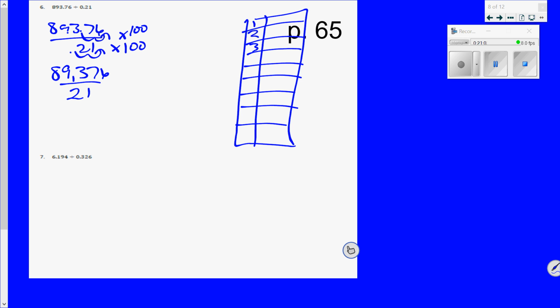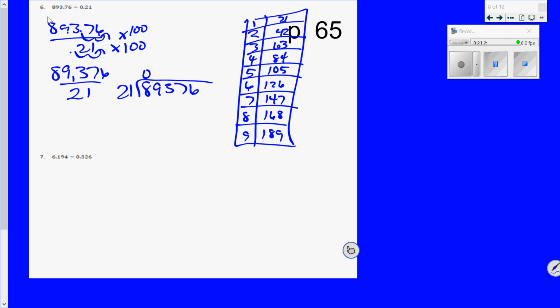Honestly, all of them are really easy. This one would be super easy. It's just 21, 42, 63, 84, 105, 126, 147, 168, and 189.